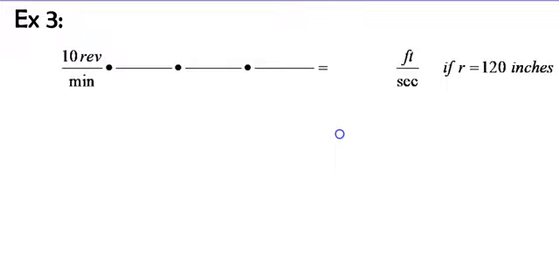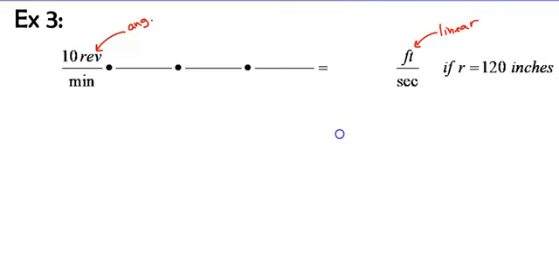Moving on to the next example. So this is where things start to get a little bit trickier. So it looks like we are starting in revolutions, which is angular, and we are ending in feet, which is linear.